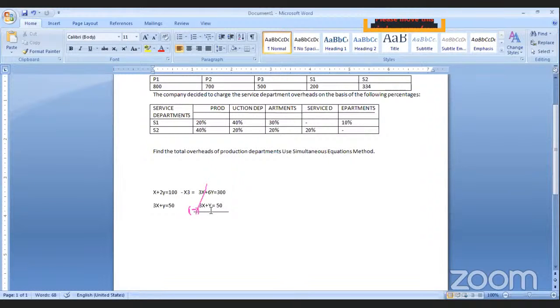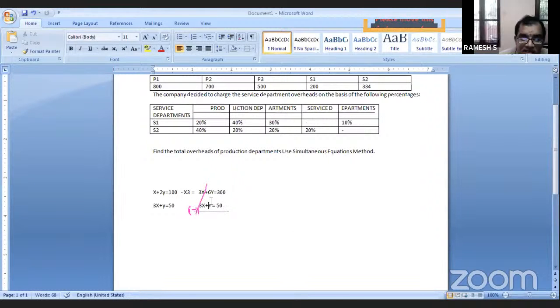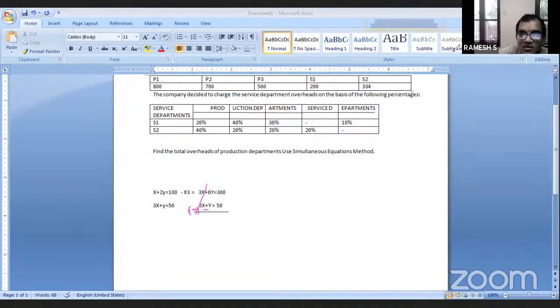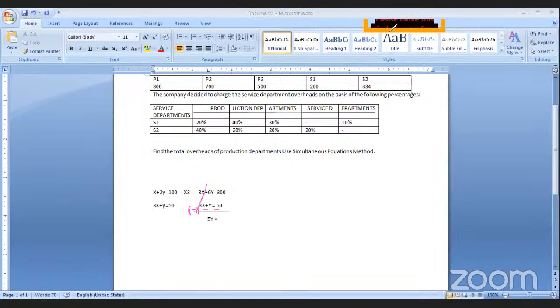This entire equation will be deducted. 6y minus y, it is 5y. So it will be 5y is equal to, now here also 300 minus 50, which will give 250.